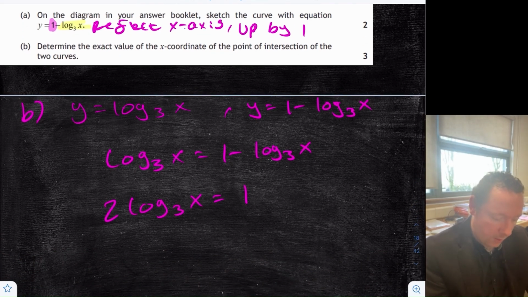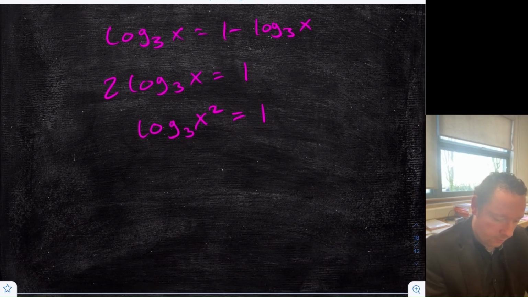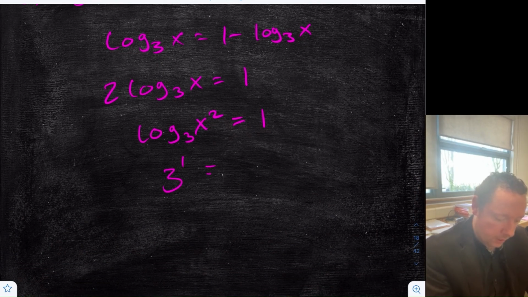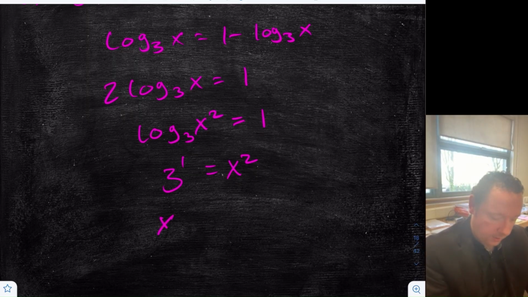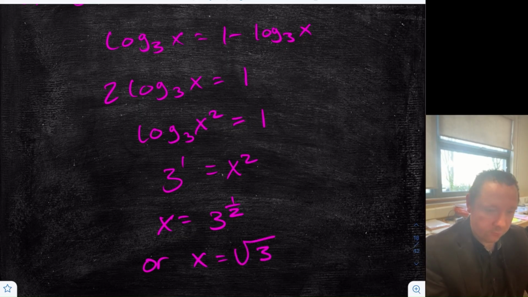I can take the 2 up as a power, so I get log 3 of x squared equals 1. Now I've got it in the form log of something equals a number, so 3 to the power of 1 equals x squared. 3 to the power of 1 equals x squared, and therefore I can find x. x equals 3 to the power of a half, or x equals the square root of 3.